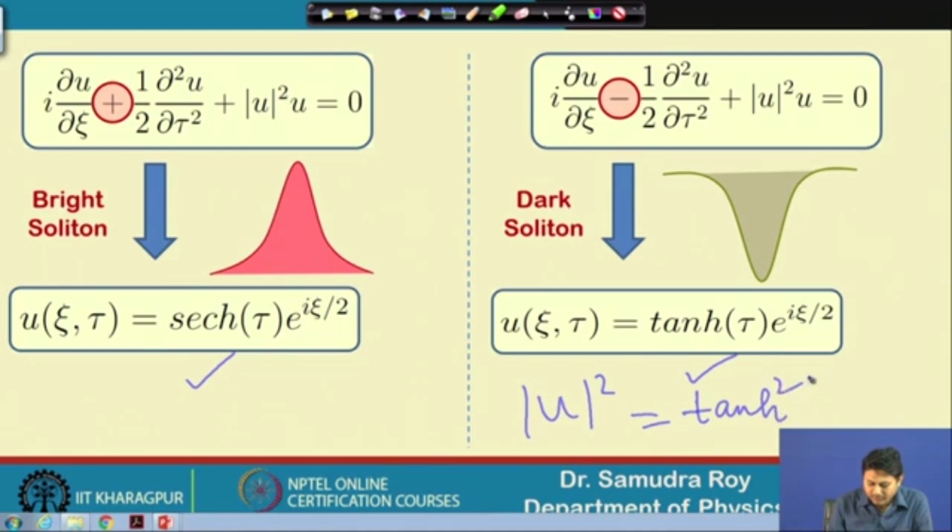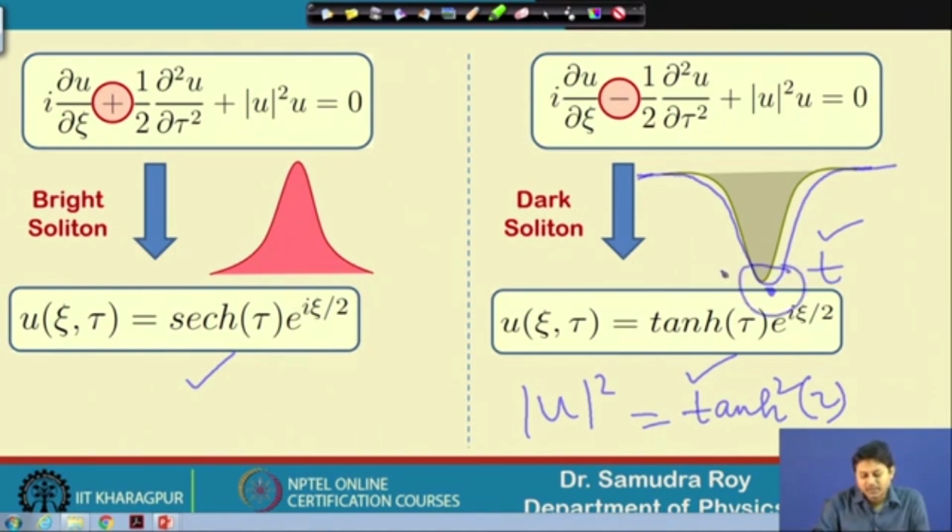So, it will be equal to tan hyperbolic square tau, and if we plot that, it will look like this. Here we have the value, and this value will go down, and this is basically 0, it is over t, and this term will give you 1. Since the intensity vanishes at t equal to 0 point, this kind of solution is called a dark solution or dark soliton.